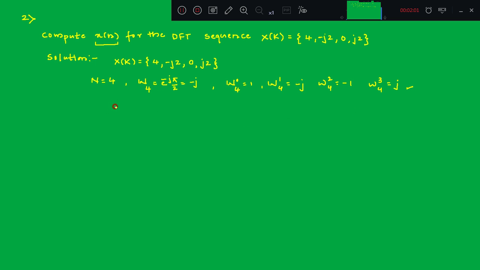Next, use the definition of IDFT in matrix form, that is the matrix relation for computing IDFT.